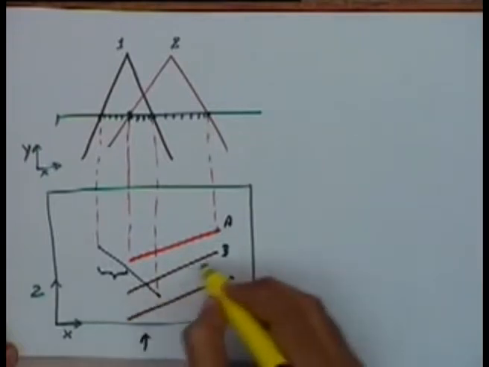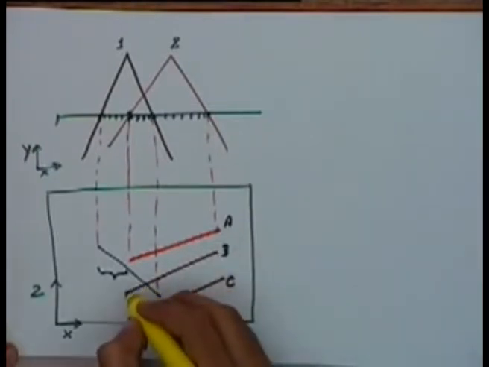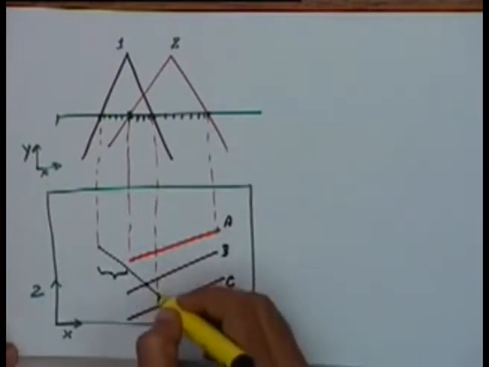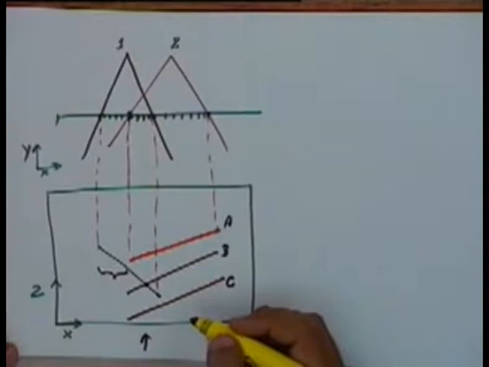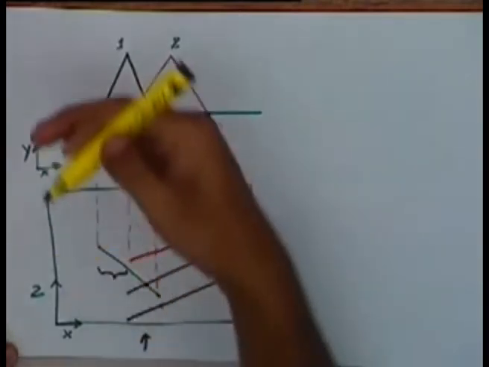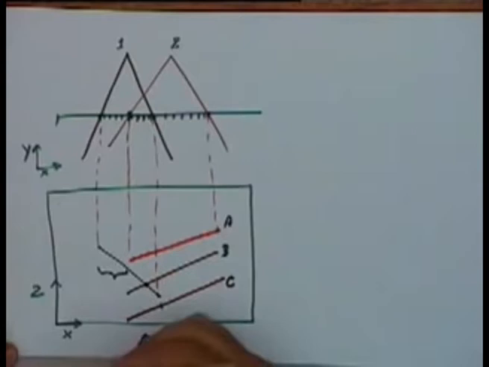In case number B, from this point to this point, polygon number 2 will be displayed, and from this point to this point, polygon number 1 will be displayed. And in case C, my polygon 2 is going to be displayed because that is closer to the eye. That is in this region.